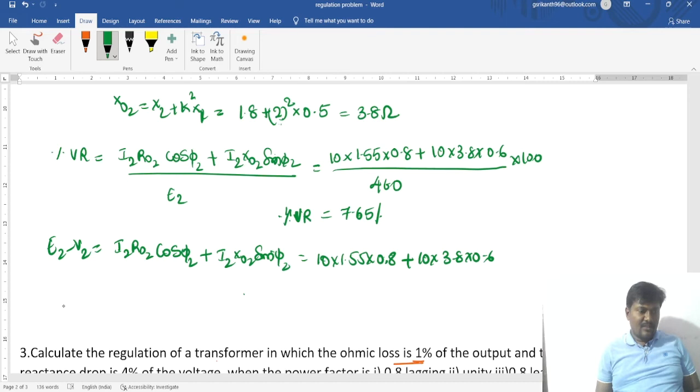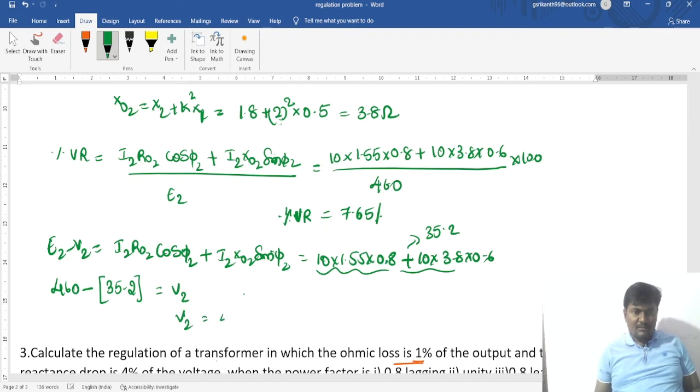The E2 value is now this 460 minus 35.2 is equal to V2. So this entire value is 35.2. Now V2 is equal to 424.8 volts. This is the final answer.